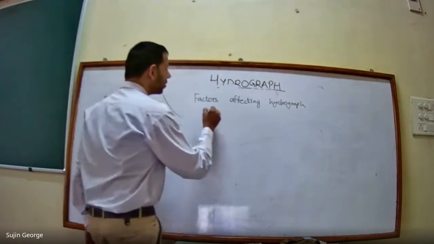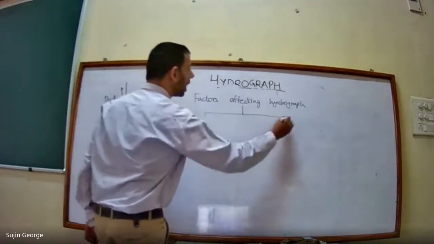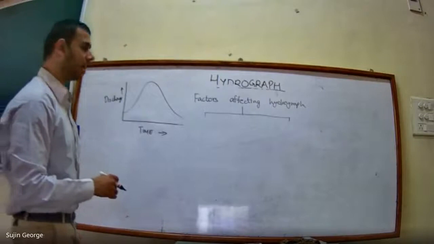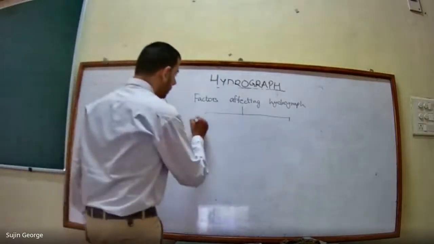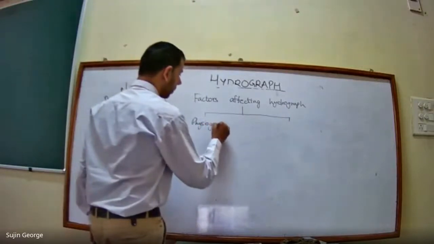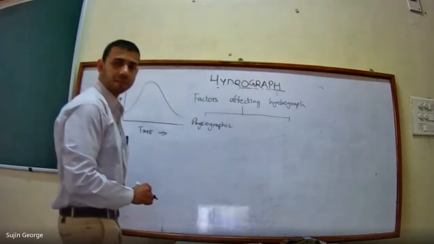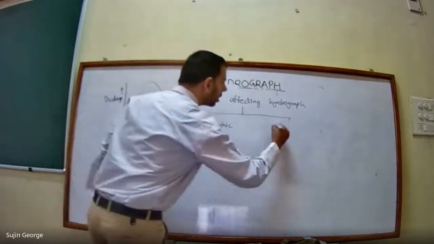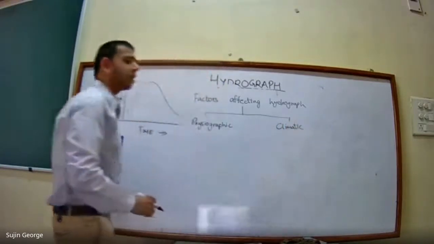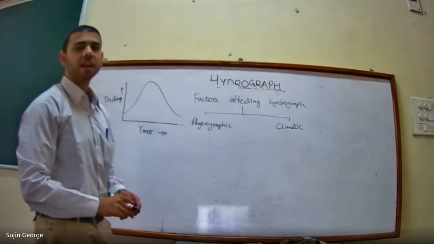So the factors which affect hydrograph can be divided into two categories. One is the physiographic factor and the other is the climatic factor.